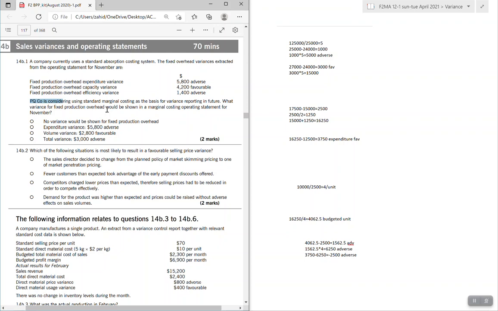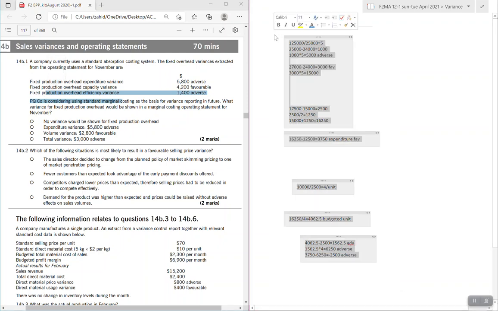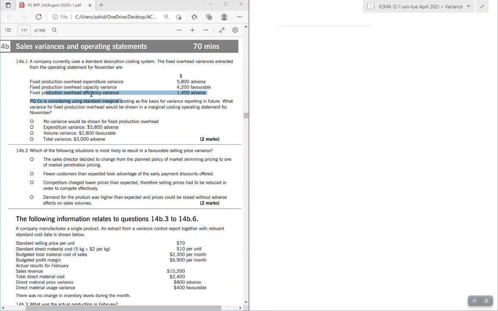The fixed overhead variances extracted from operating statement for November are fixed overhead expenditure variance, capacity variance, efficiency variance. Remember, marginal costing, fixed overhead is only expenditure variance. Capacity and efficiency are sub-parts of volume. Volume variance doesn't exist. So the variance that would be reported would be 5,800 according to marginal costing.